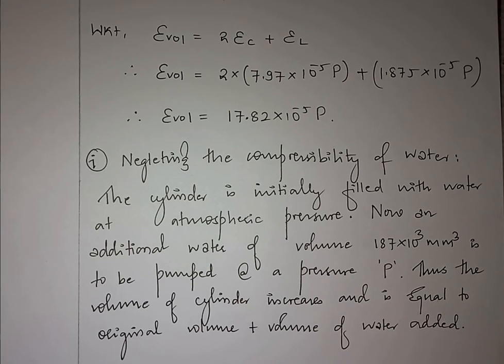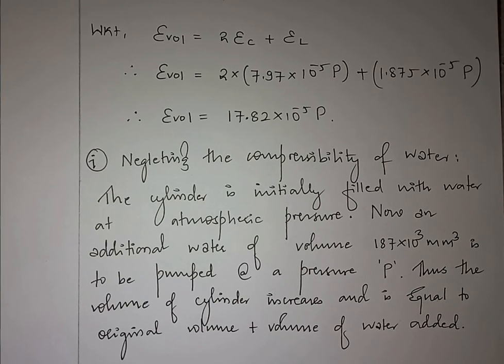Suppose the original volume is 100 mm cube, just an example, and you are adding an additional volume of 187 into 10 raised to 3 mm cube, then the final volume will be 100 plus 187 into 10 raised to 3 mm cube. So original volume of the cylinder plus additional volume of water will be the final volume of the cylinder.